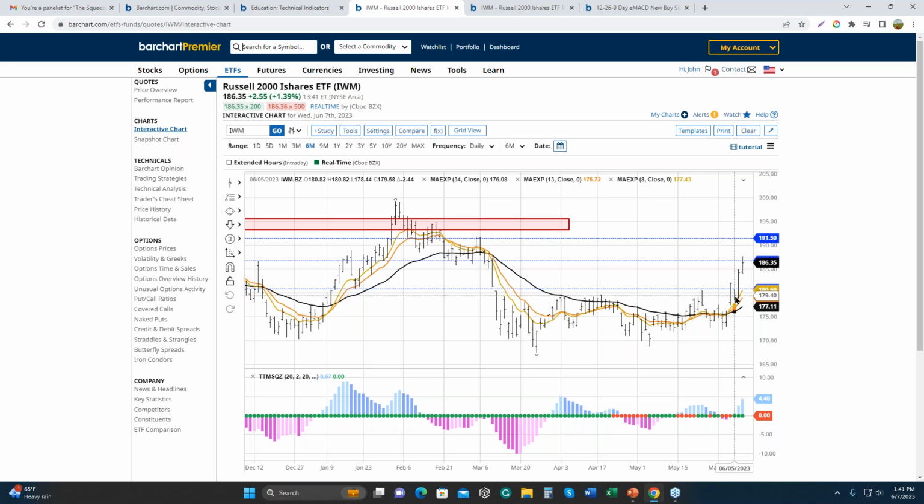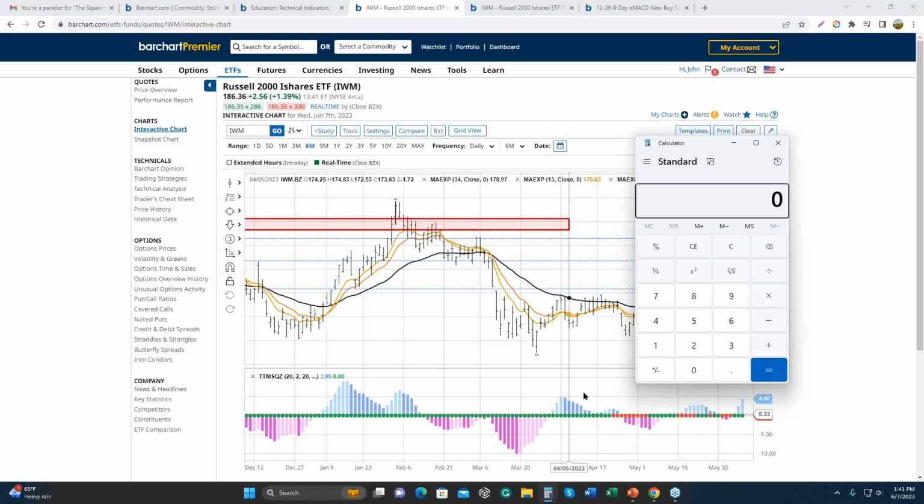But because I have a 70 delta, that $1.75 risk that I'm going to allow myself to take, times my delta, 70, means that I'm really only risking $1.22 in this trade. And basically, if I bought it at $8.25, I'm going to get out at $7. So I'm only going to lose about $1.25.